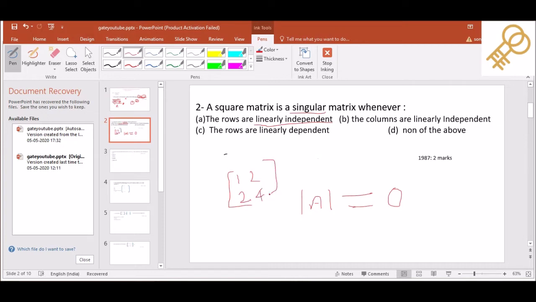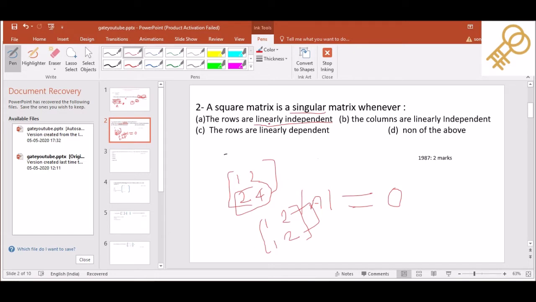Suppose this is your matrix, and if you take 2 common from the second row, then you'll get 1 2, 1 2. Now both rows have the same elements. Okay, so both are linearly dependent. You can say that both rows are dependent on each other, so this is called dependent.